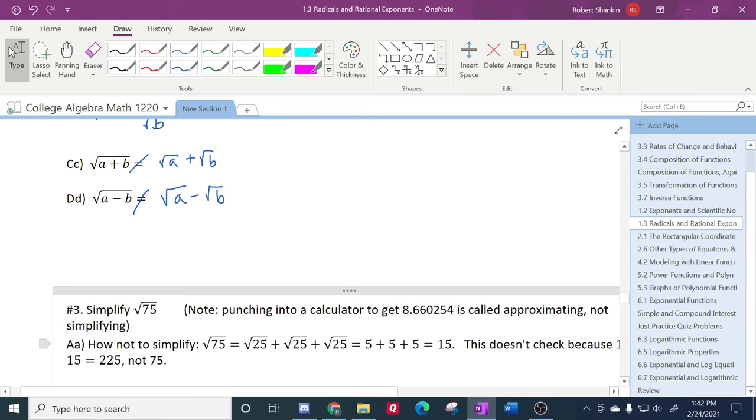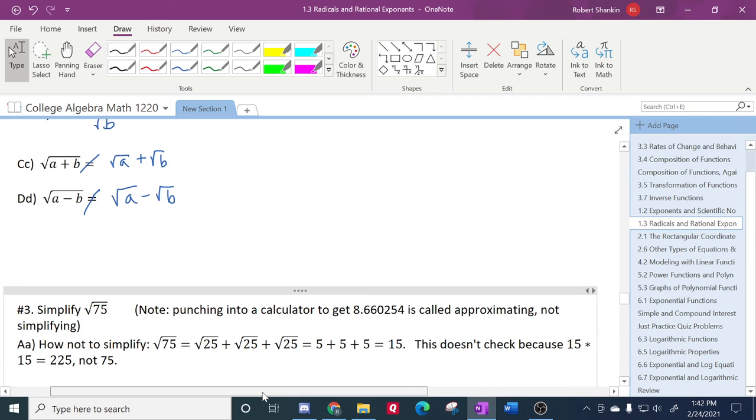All right, so how not to simplify? Square root of 75, well, think of 75 as 25 plus 25 plus 25, and then break them up into separate square roots. But if we did that, we'd be using property C, which is not true.